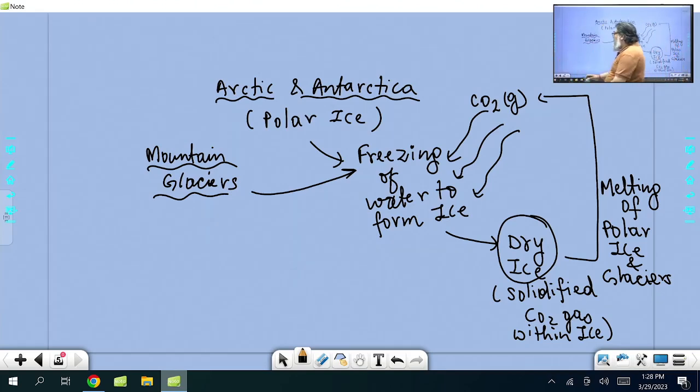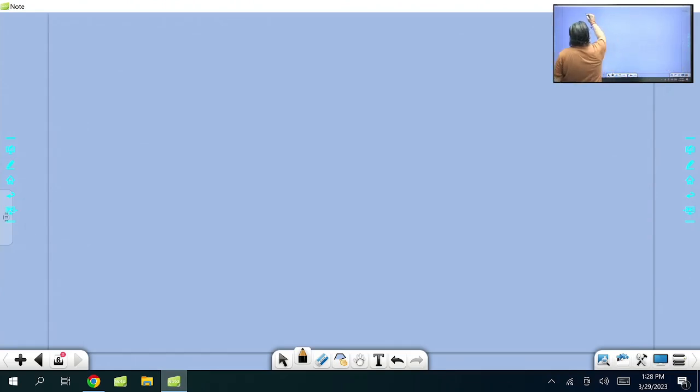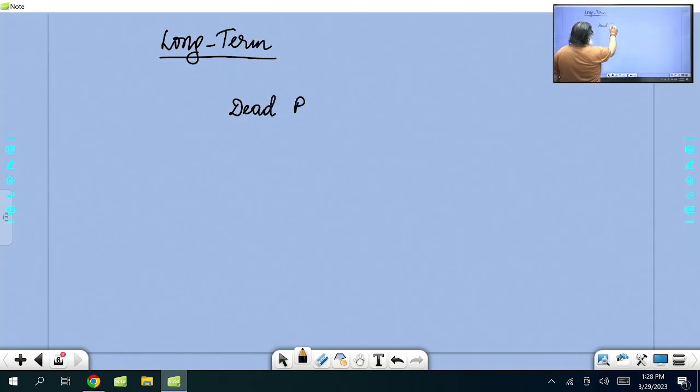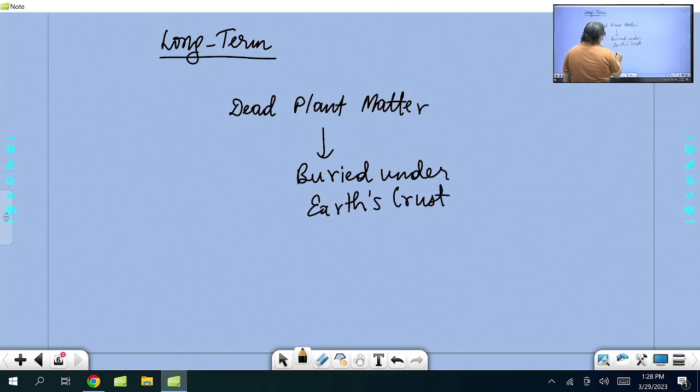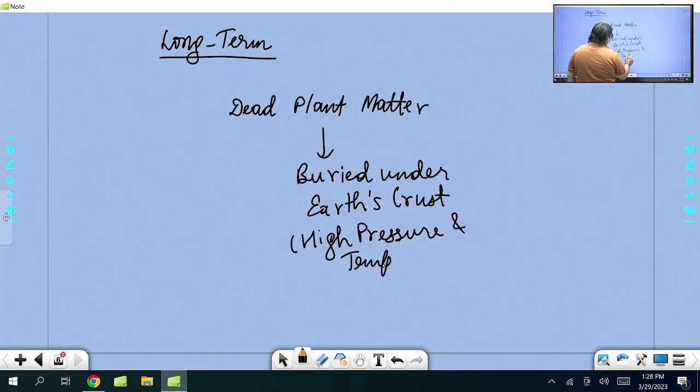Now I'm coming to the last part, the long-term part of the cycle. What is long term here? Dead plant matter gets buried under Earth's crust, and then under high pressure and temperature, carbonification takes place.